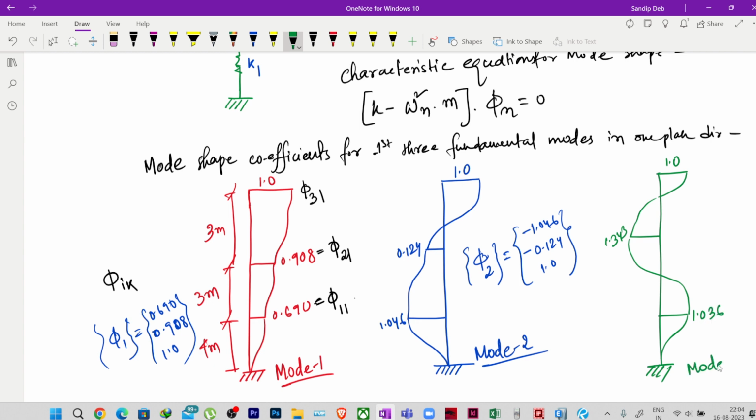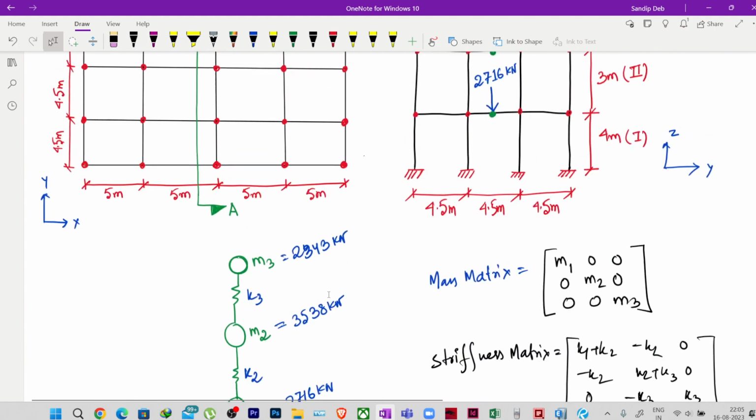This is my mode 3, and in matrix form it will be 1.036, minus 1.343, plus 1.0. This is a big calculation you have to solve, and finally you get the mode shape coefficients for one plane direction, and you do the same for the other plane direction.